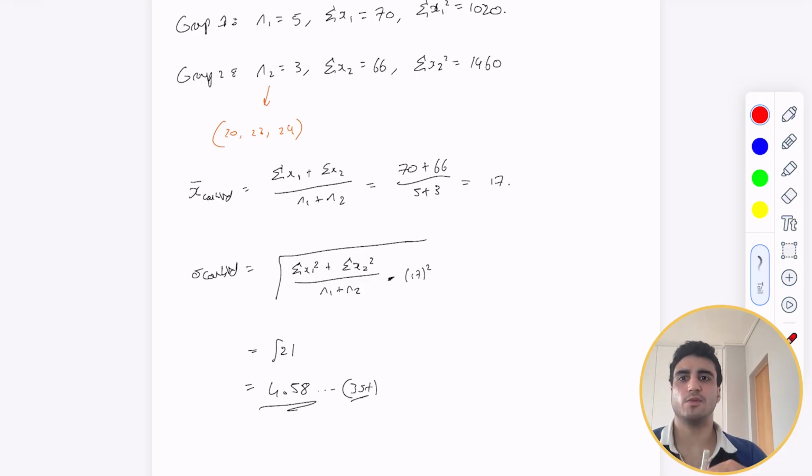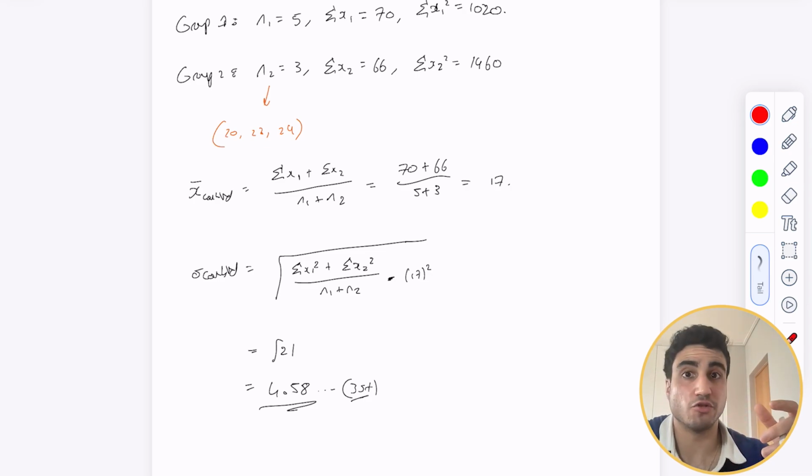That concept is all about the fact that obviously you need the sum of x and sum of x squared for each group. Okay. Now, what if we're only given the combined mean and the standard deviation? Well, what do we do then? Well, we know that the sum of x is equal to n times the mean. Okay, because the mean is equal to the sum of x over n. Right?